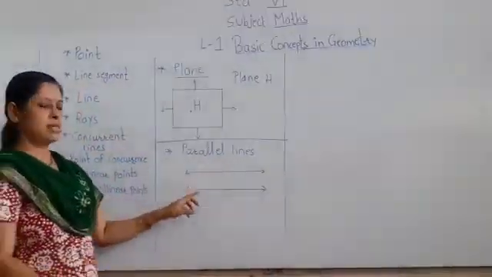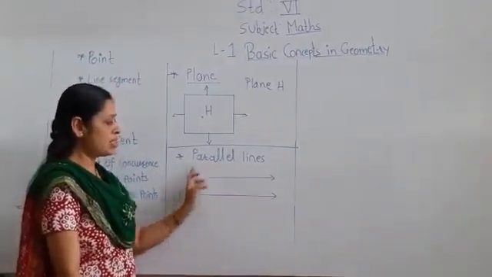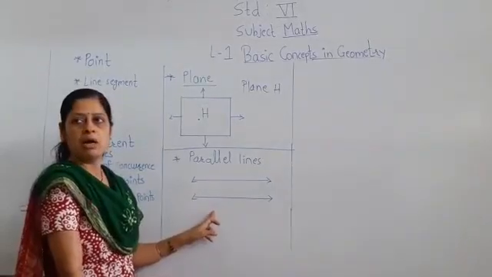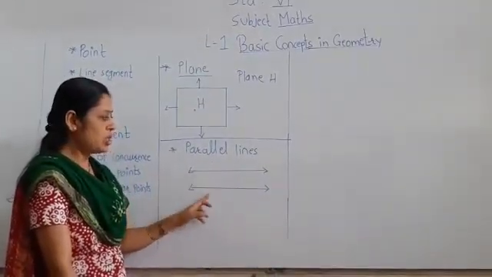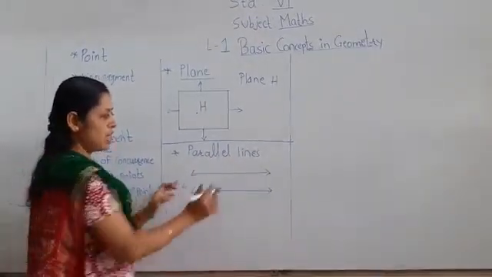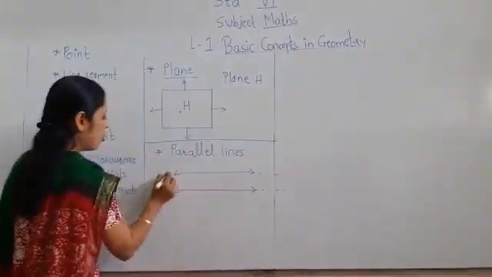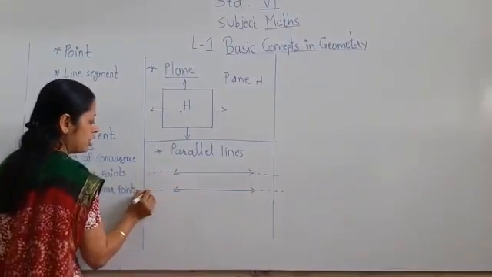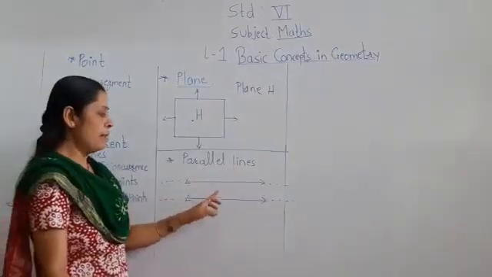When two lines lie in a single plane and do not meet, they are called parallel lines. These lines are parallel to each other. If we extend a line, it can extend on both sides, but these lines do not meet each other. So they are called parallel lines.